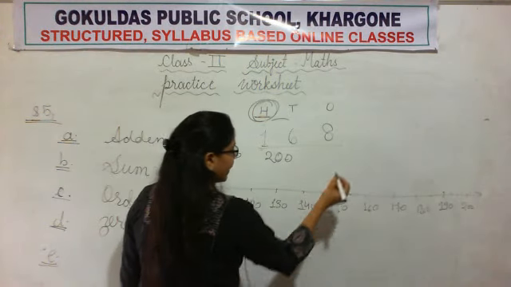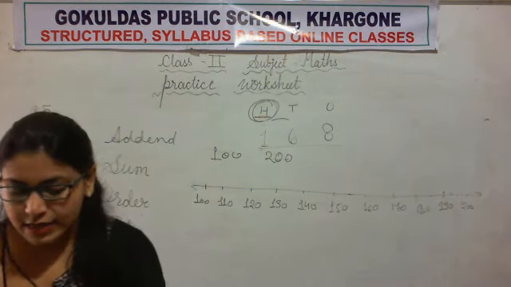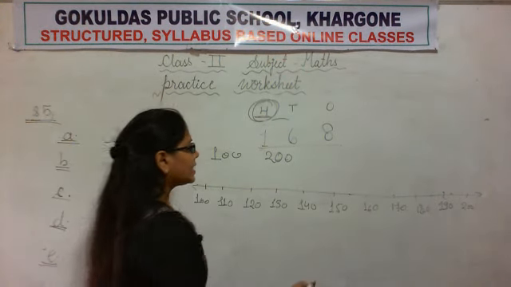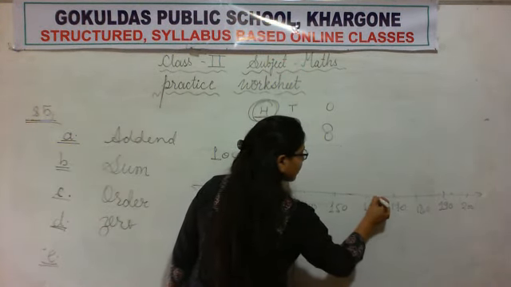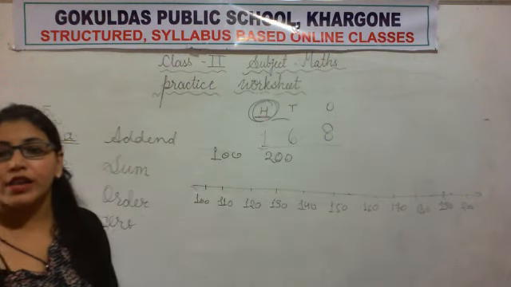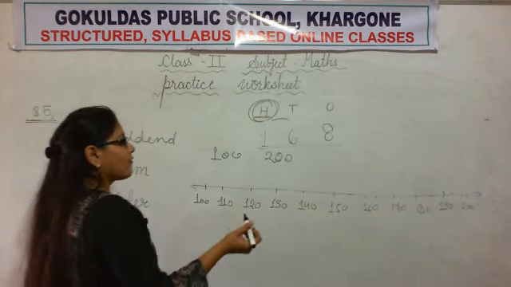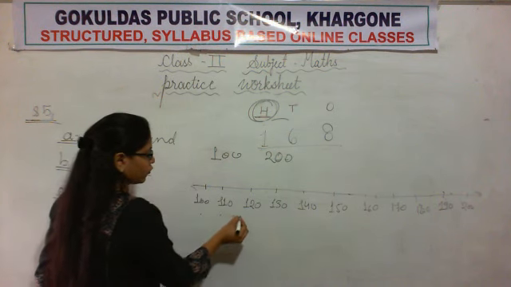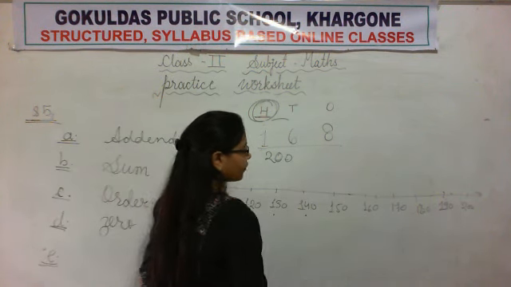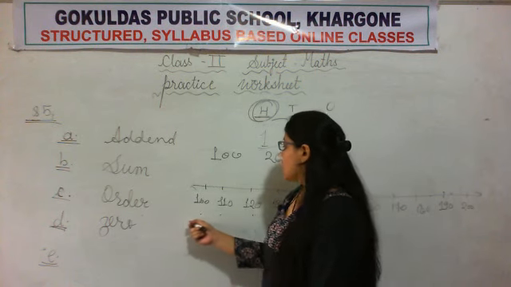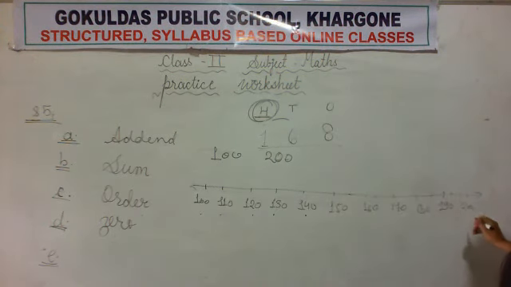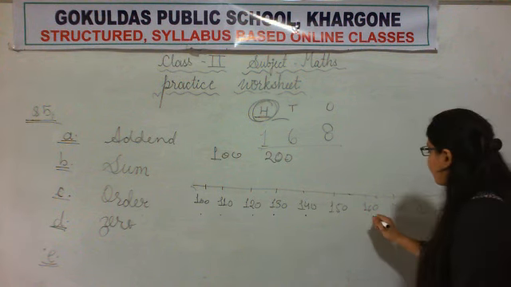Now 168, where does this number lie? This 168 lies somewhere here. Now we will mark the halfway mark. We will count 5 numbers from the left: 1, 2, 3, 4, 5. Now we will count 5 numbers from the right: 1, 2, 3, 4, 5.